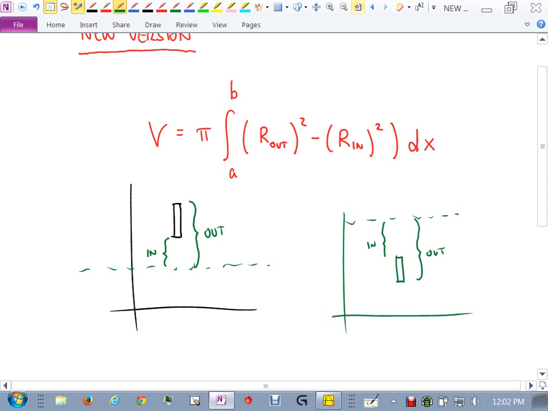Let's try something else. Find the volume of this solid of revolution.